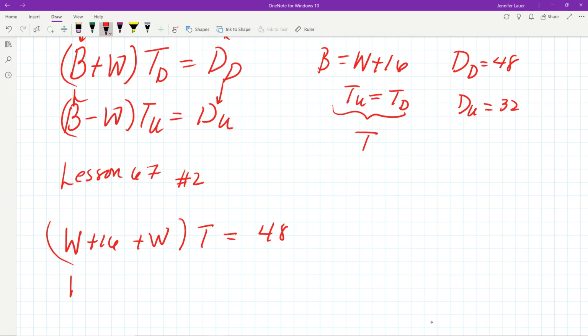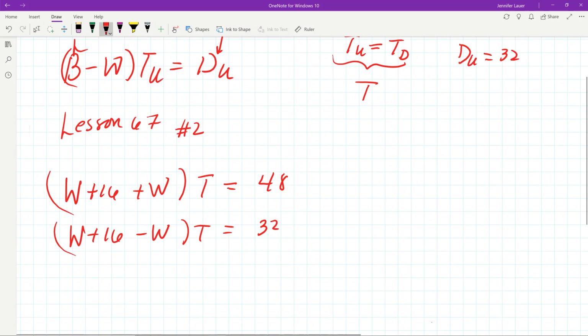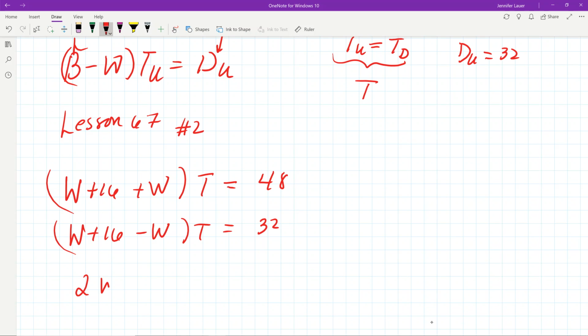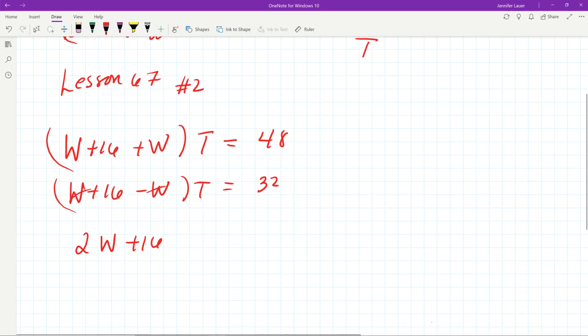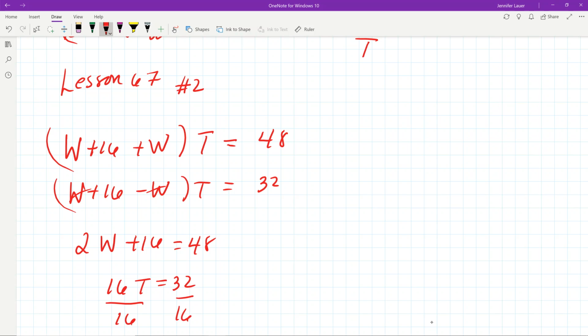And then it's going to be W plus 16 minus W times T is equal to 32. So the top's going to give us 2W plus 16. The bottom, which is nice and neat how this works out, just ends up being 16T equals 32. So right away we can see that our time is going to be 2.